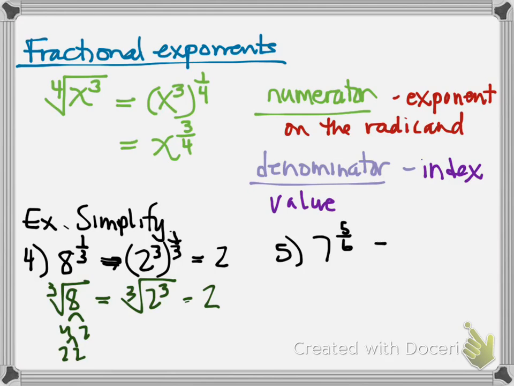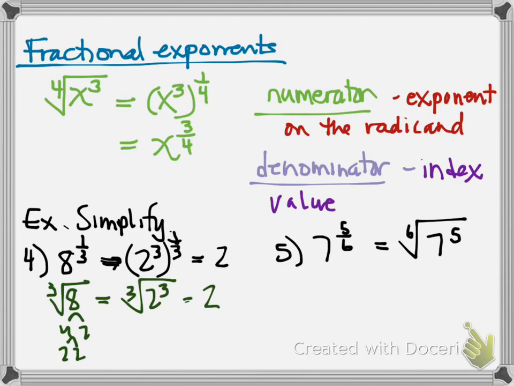Radicand where the index is 5 and the exponent... wait, okay, look directly above. The 6 is the index and the 5 is the radicand's exponent. Okay. That's all you can do.